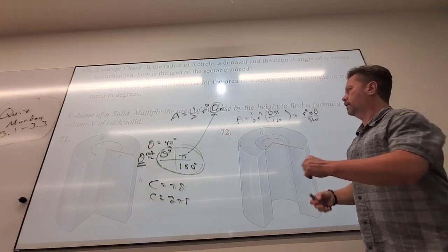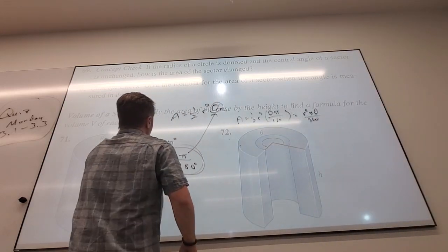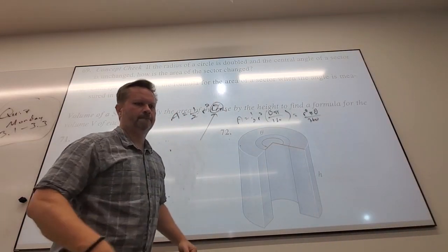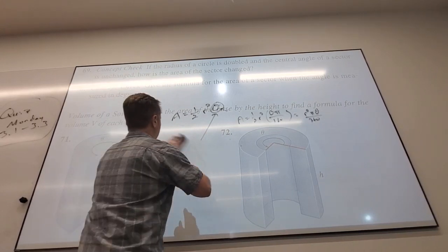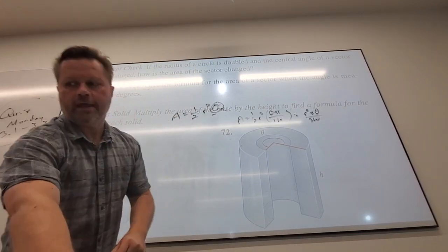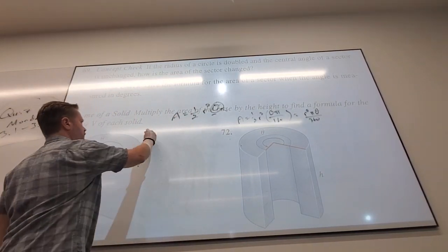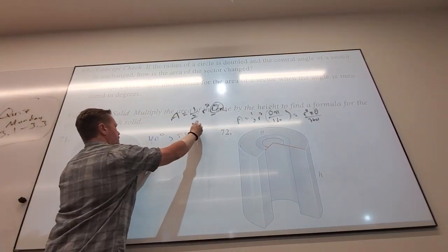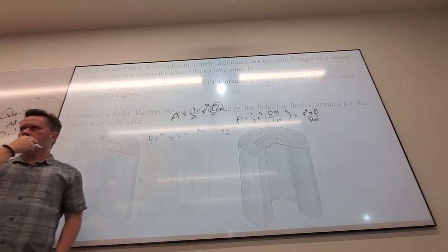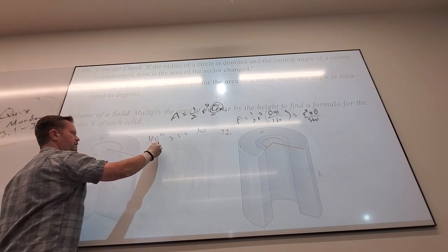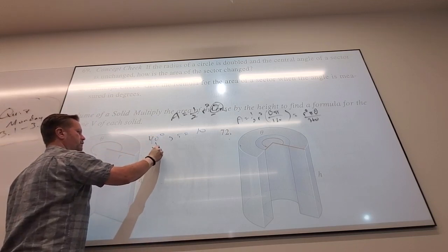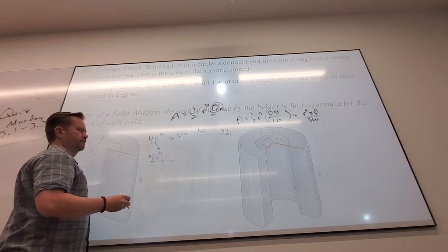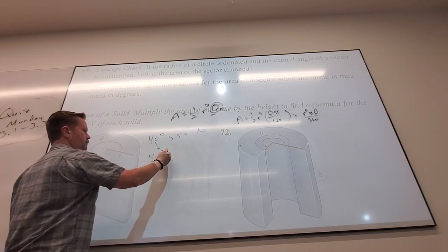All right, let's do this. So if I had 40 degrees, let's come back to 40. And I have the radius is 10. Let's do it the old-fashioned way. How would I change this to radians? Pi over 180. Yeah.